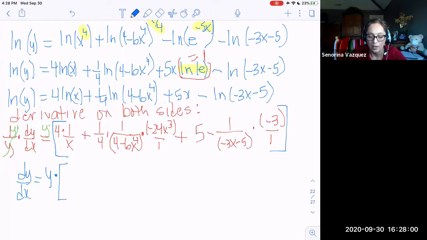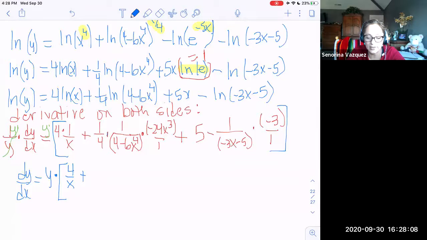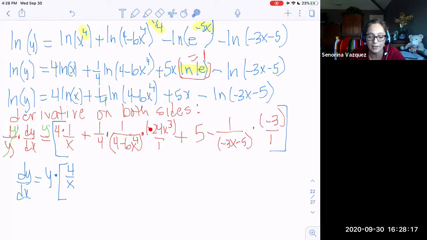So let's clean it up. 4 times 1 over x, that's just 4 over x, plus, so this is 1/4 times all of that. So let's just put all the numerators together and all the denominators together. I'm going to erase that plus sign because since this is a minus sign here, that means it's going to multiply together to give me a negative. So this is a negative. On top, I have a 24x to the 3rd. On bottom, I have a 4 times a 4 minus 6x to the 4th.